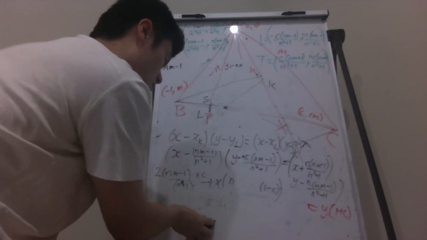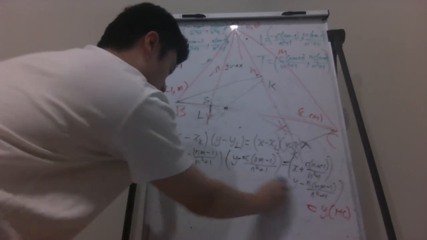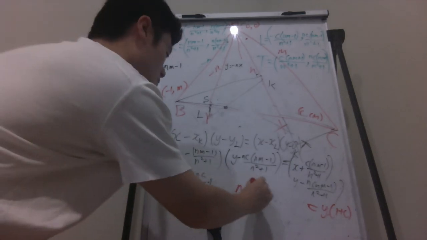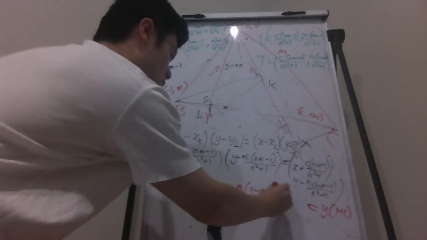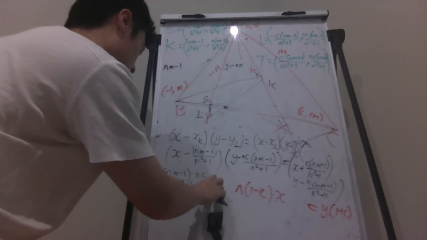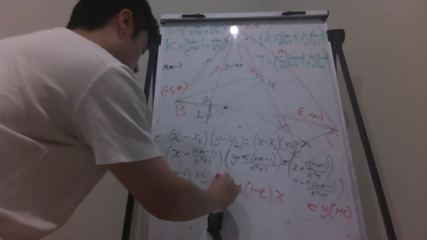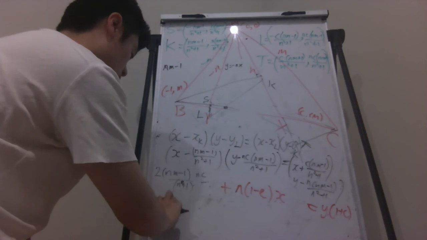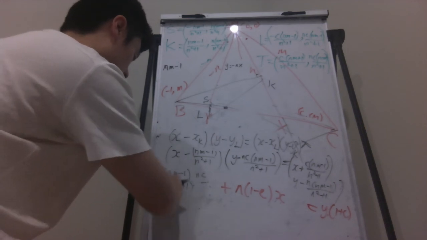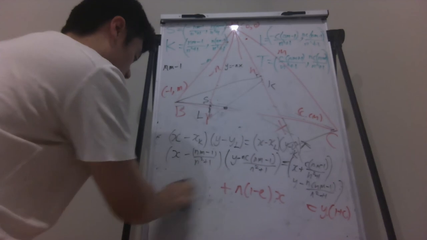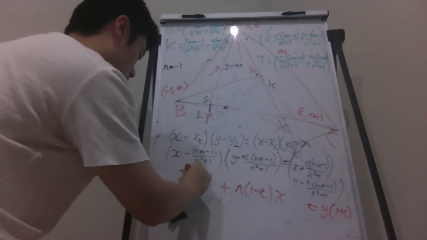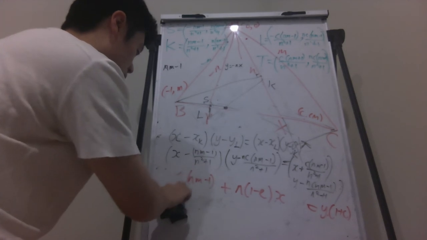X times n 1 minus c plus this, right? 2nm minus 1 times nc. 2nc n minus 1, yeah?